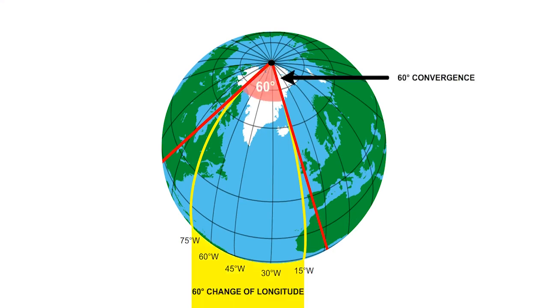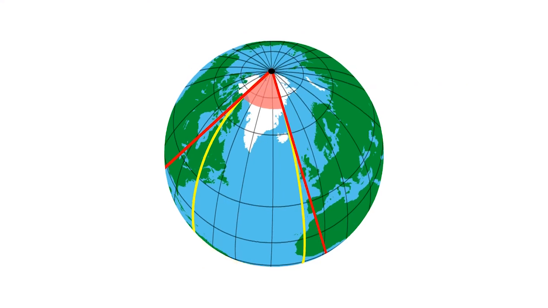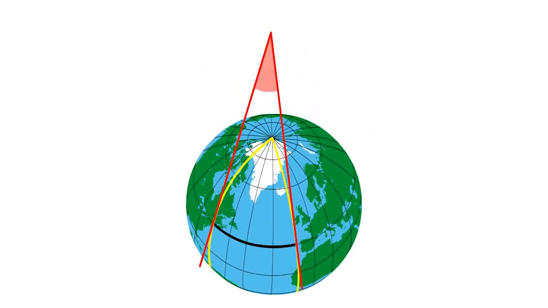Therefore, their angular difference is the same as their change in longitude. At some intermediate latitude, neither polar nor equatorial, the tangents meet in space at some intermediate angle, neither 0 nor the full change of longitude. This angle is known as convergency, or Earth convergence.